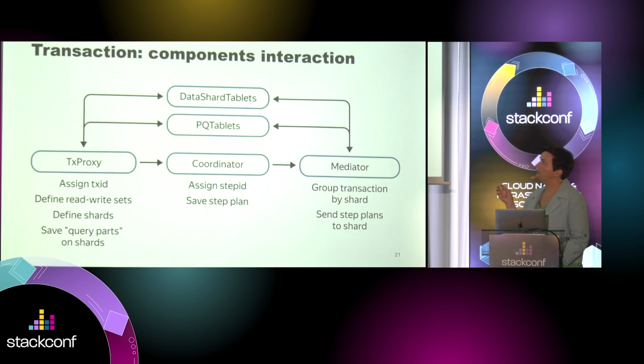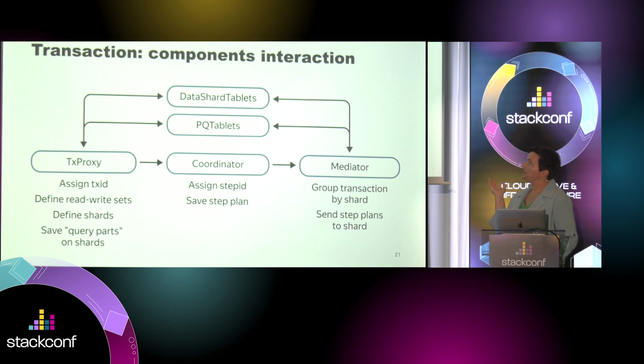And when this step is over, TX proxy and one more component which doesn't exist there, KQP, operate with locks. So KQP orchestrates locks on tables and data shards, on data shard tablets and persqueue tablets.